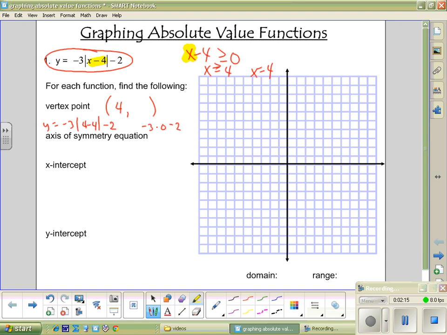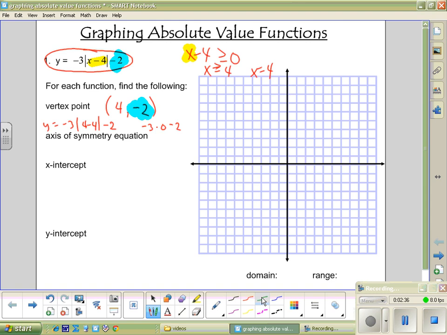That's just -2, because -3 times 0 is 0, minus 2 is -2. So my vertex point has y equals -2. You might have noticed that the y portion of the vertex is just whatever is hanging off on the end there.